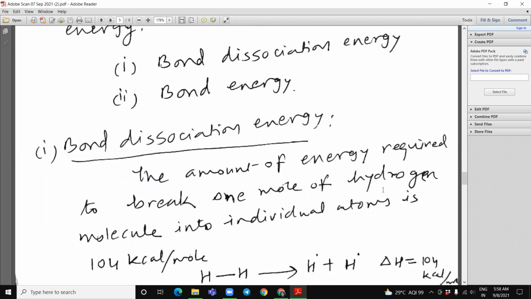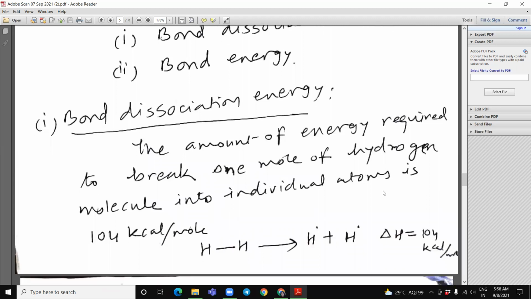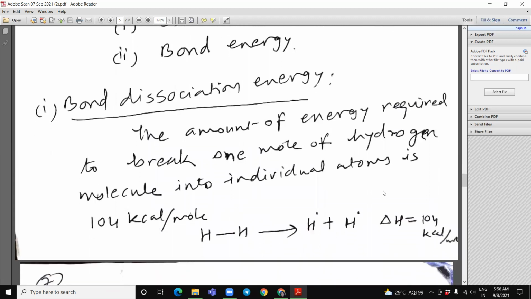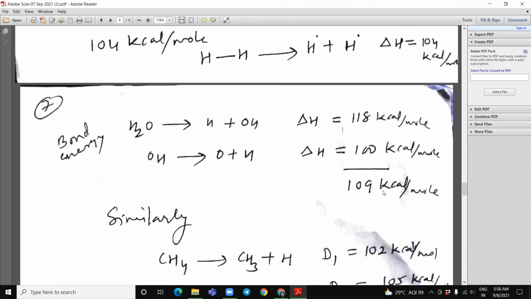The amount of energy required to break 1 mole of hydrogen molecule into individual atoms is 104 kilocalorie per mole. Water molecule to hydrogen and hydroxyl is 118 kilocalorie per mole. Oxygen-hydrogen is 100 kilocalorie per mole.